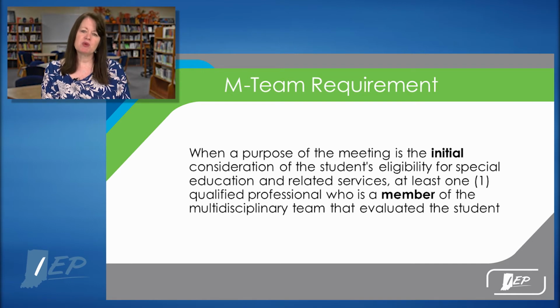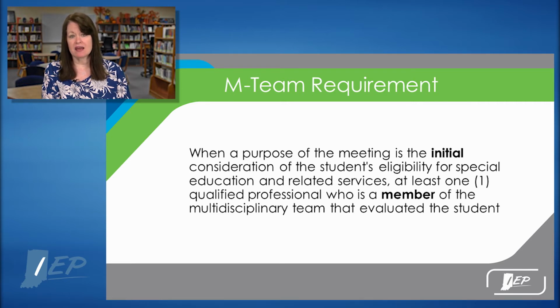Now the last piece that's different, and this is where we all come in as part of that multidisciplinary team, is when the purpose of the meeting is to discuss initial evaluation results and make that initial eligibility determination, then we need to have at least one member of the MTeam that was part of the evaluation that looked at the students' assessment results.